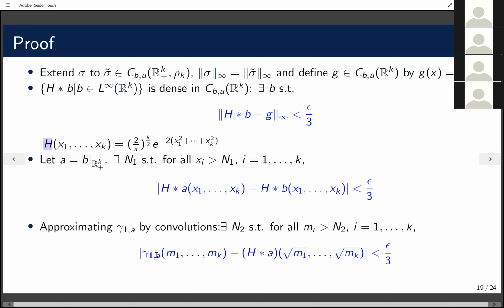So this connects the eigenvalue functions to convolutions with h. So now we have the candidate for this symbol, and we can pick n to be the bigger one of n1 and n2, and we put these three inequalities together and we get the result.